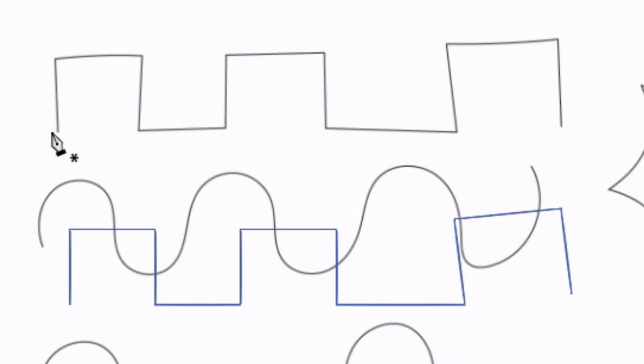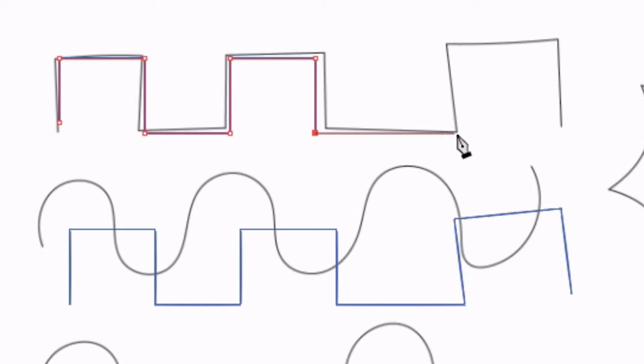This time, as I draw, if I want to get these corners to be perfect right angles, I will hold the Shift key down. Start here, then hold the Shift key down, and you'll see that you're constrained here to moving directly across and only having those right angles.